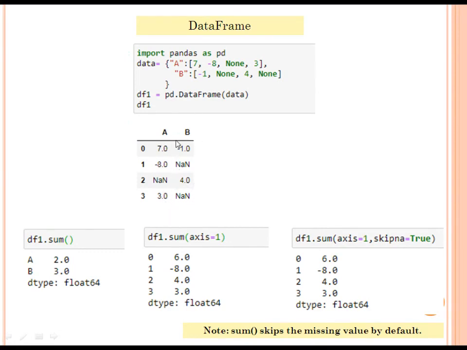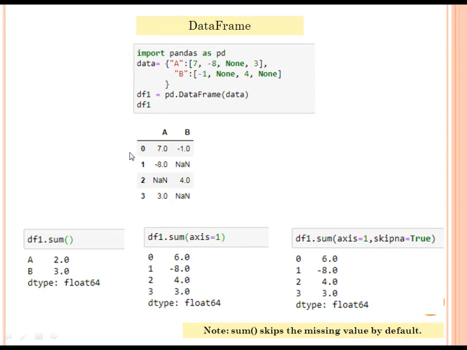See, the column A has a sum of 2. How is it? 7 plus 3, that is 10, and minus 8, answer is 2. Similarly in B part, 4 minus 1, that is 3. Clear? And when I am talking about df1.sum with axis equals to 1, then what happens?